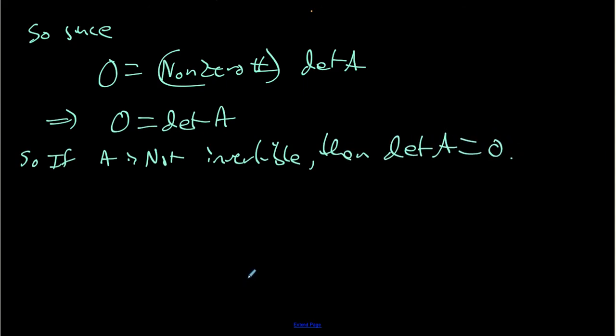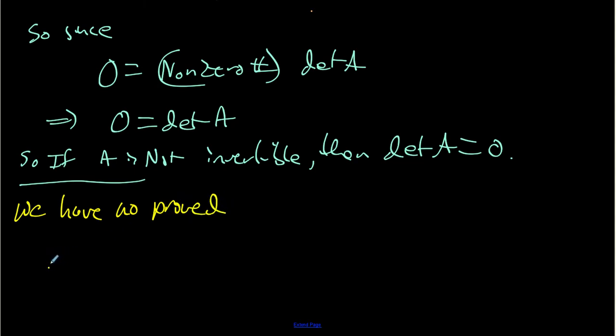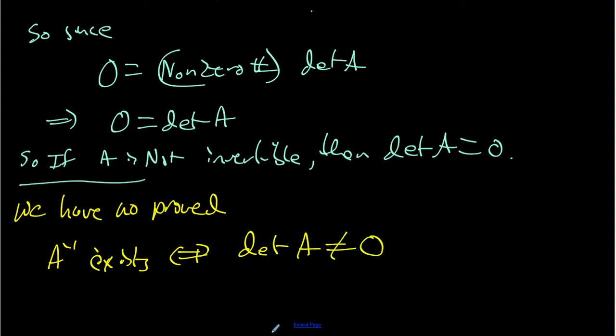And if you put this together with our previous corollary, we have now proved that A is invertible, so A inverse exists, if and only if the determinant of a matrix is not actually equal to 0.